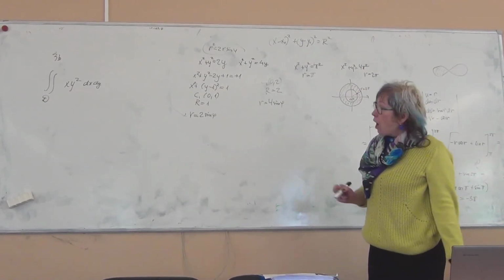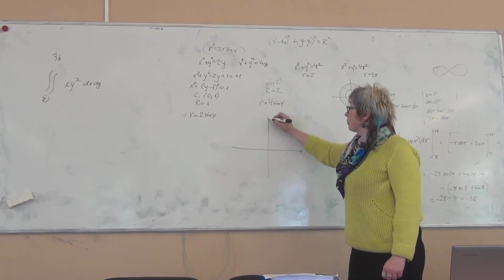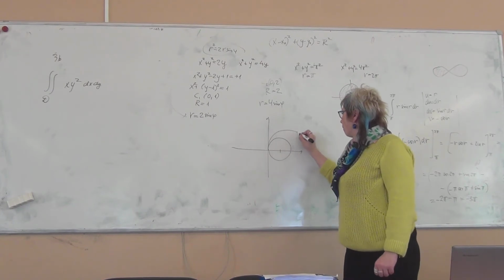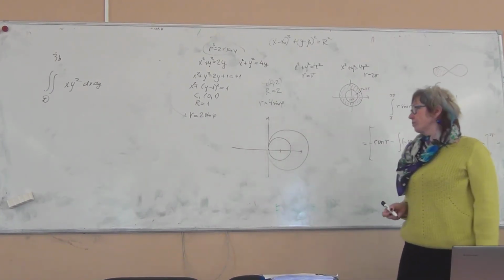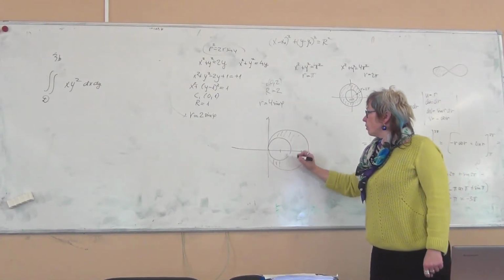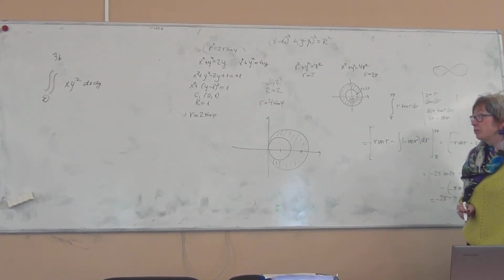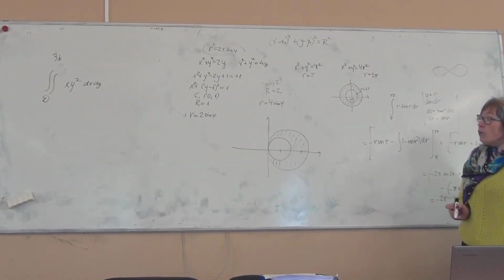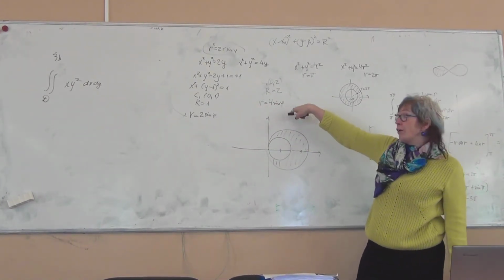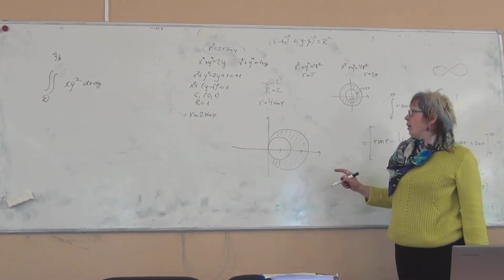And now we can sketch. We already had it, like this. So the region of integration is between the two circles. Obviously, there is a lower boundary and an upper boundary for the r integral. But it will go up, not right.